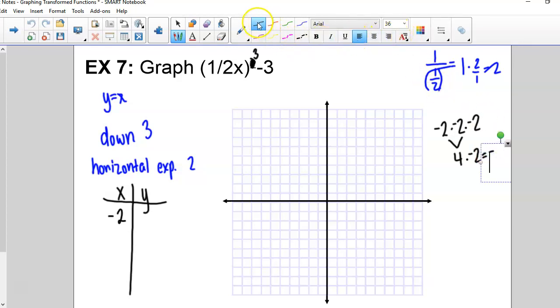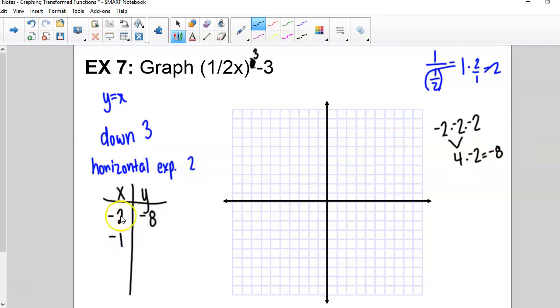Whenever you cube something, it is going to keep the sign, whereas with a square, the sign goes away. So we'll have -8. And then -1 cubed is -1. 0 cubed is 0. 1 cubed is 1. 2 cubed is +8.